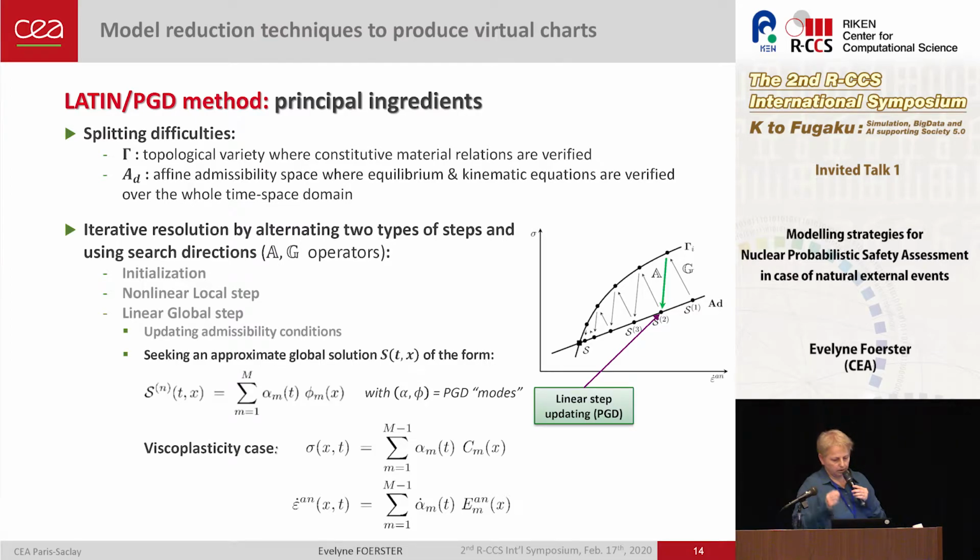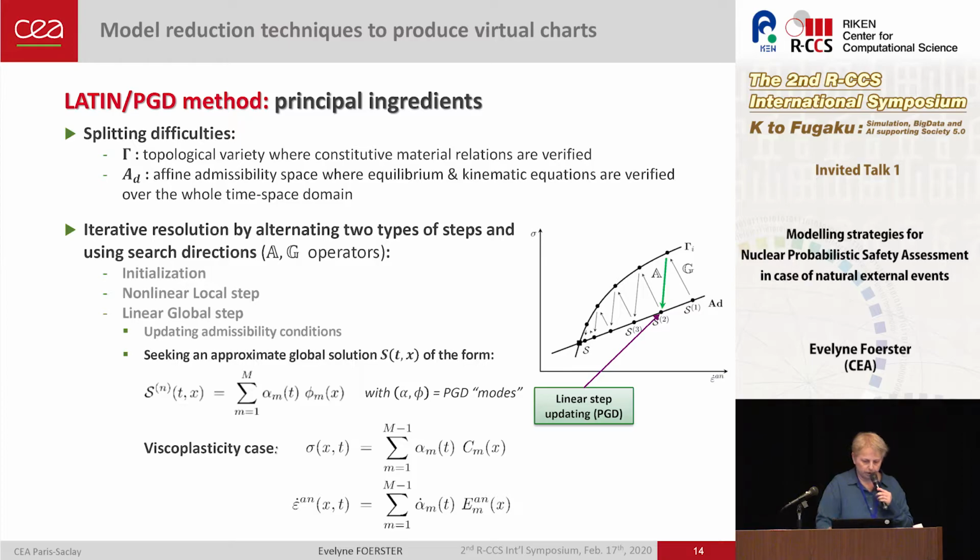Then when you are iterating, you seek an approximation of the global solution, which is a time-space form, and which is decomposed with what we call the PGD, proper generalized decomposition modes, which can be a certain number, depending on the accuracy you want to get for the global solution, and the quantity you want to have as solutions depends on your problem, of course.